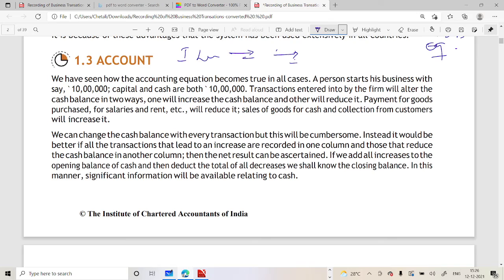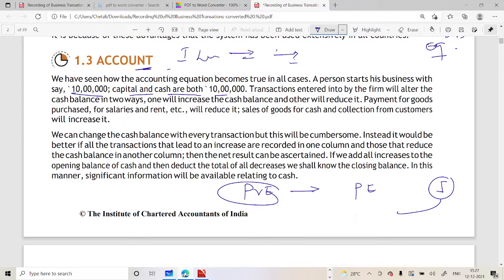Then, accounting: we have seen the accounting equation become true in all cases. A person starts his business with, say, 1 million, then the capital and cash are both 1 million. Okay, so now in accounting the main focus is on the accounts, how many accounts are involved in that particular transaction. Let's say in terms of private equity, what we do in private equity is we bring capital from the investors.